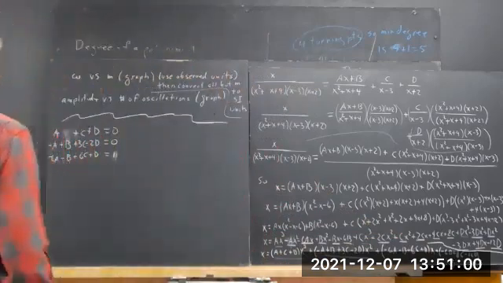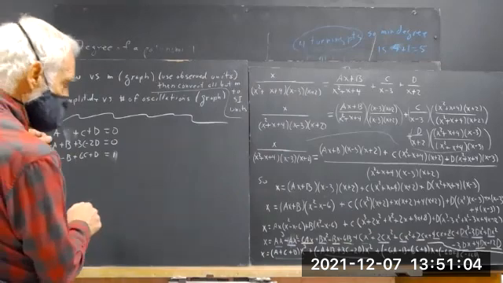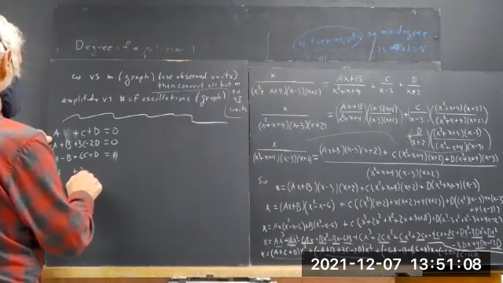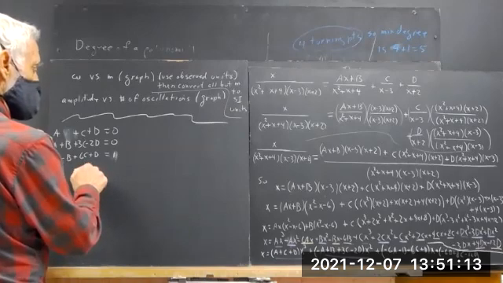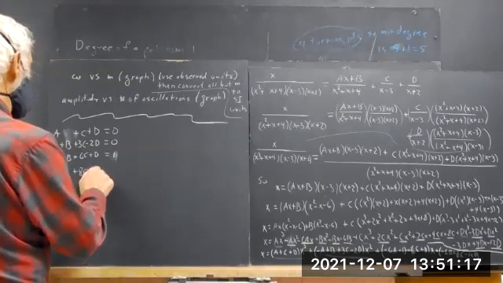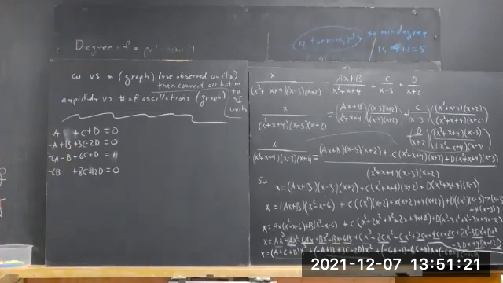And then negative 6b plus 8c minus 12d equals 0.